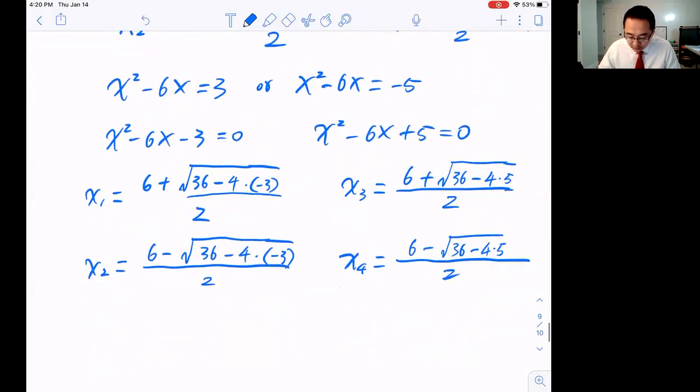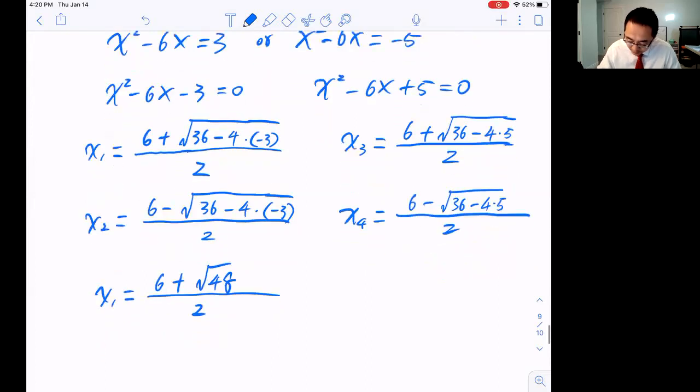Okay, then we just need to figure out the numbers, right? So x1 equals 6 plus the square root of, 4 times negative 3 is negative 12, 36 minus negative 12 is 48. So the square root of 48 divided by 2.